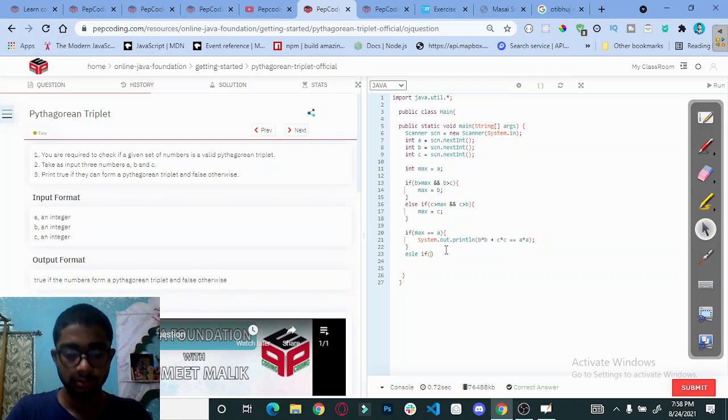Else if maximum equals b, that means system.out.println a multiplied by a plus c multiplied by c equals b multiplied by b.